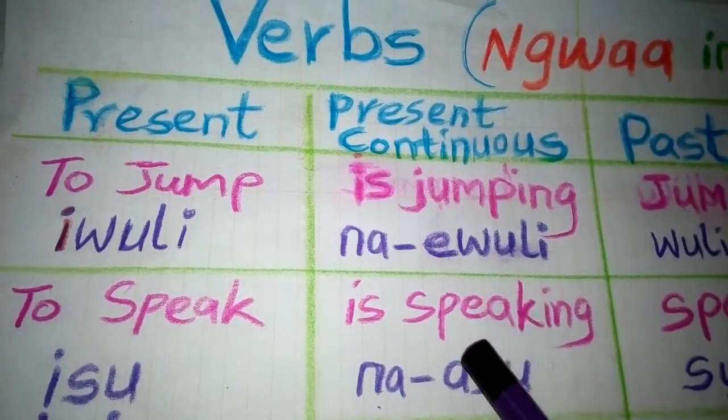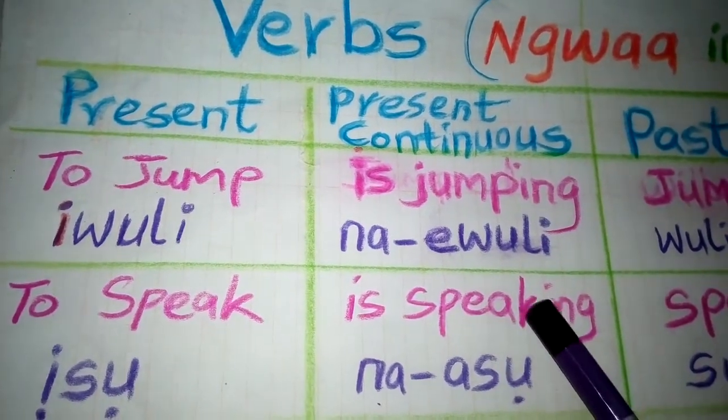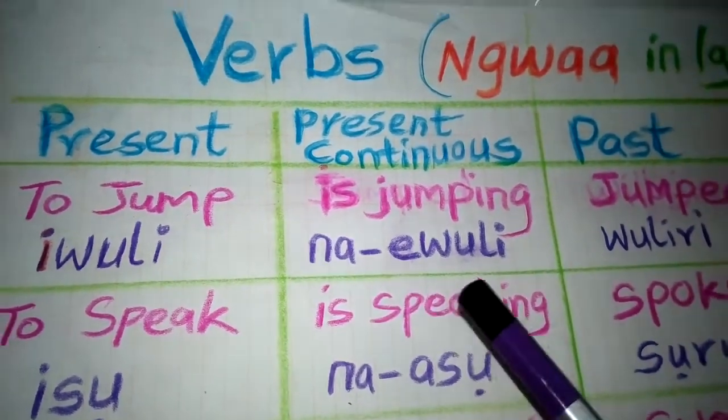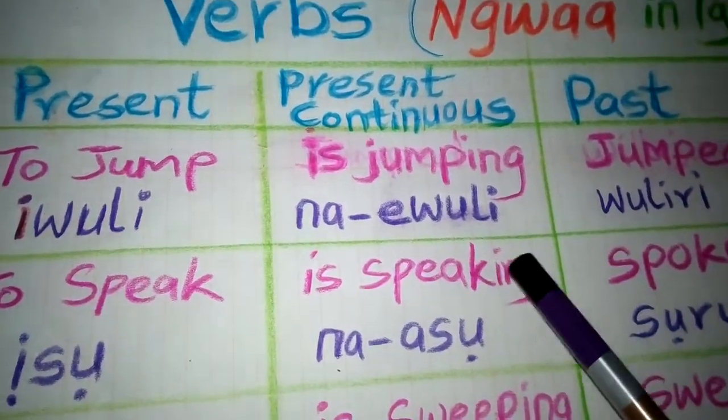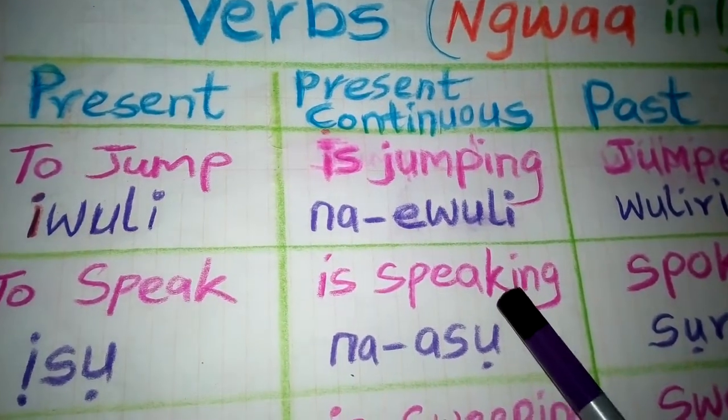The most important thing is that a verb is the things you do, the actions that you take. That is what is known as a verb.